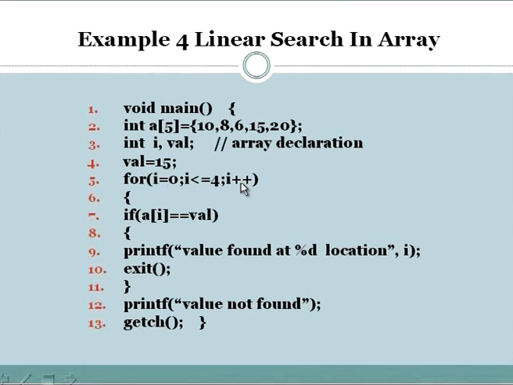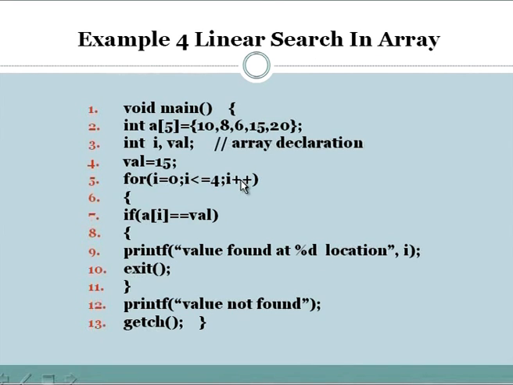I plus 2, 2 less than equals to 4. Yes, condition is true. If A2 that is 6 equals to val which is 15, no, condition is false. That's why if body will not be executed and loop will be repeated.